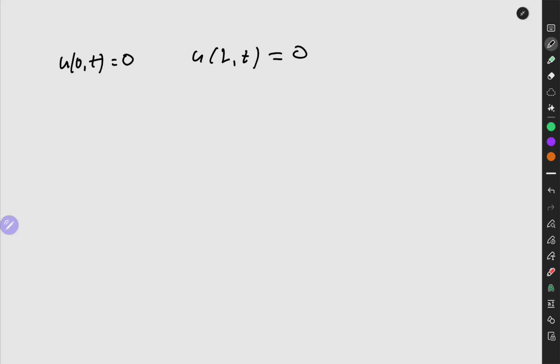This is assuming we're in a vacuum, you don't have any other factors, like it's not sitting on a table that's a little bit warmer than what's being applied on the ends. But you can imagine that over time the whole rod will eventually go to 0 in that case.